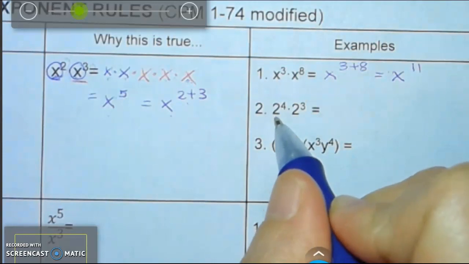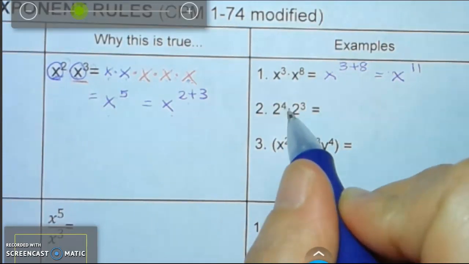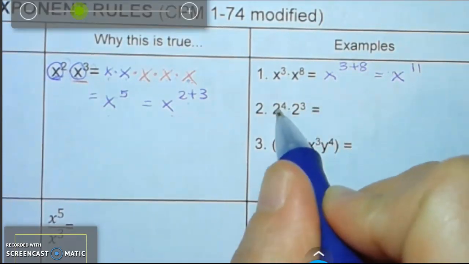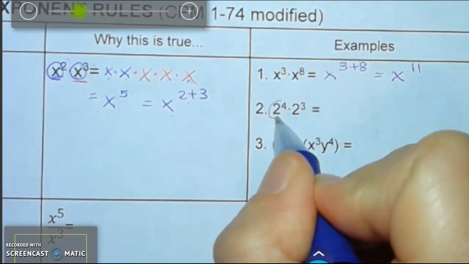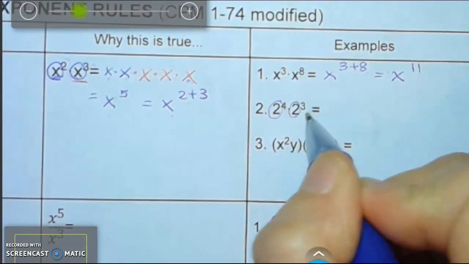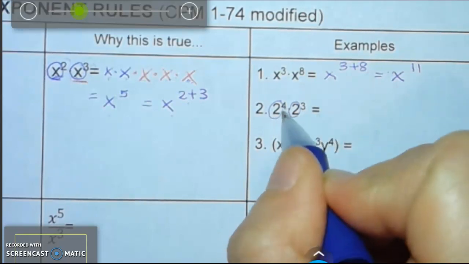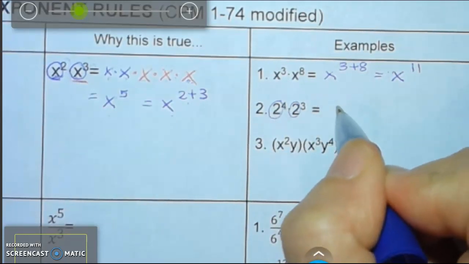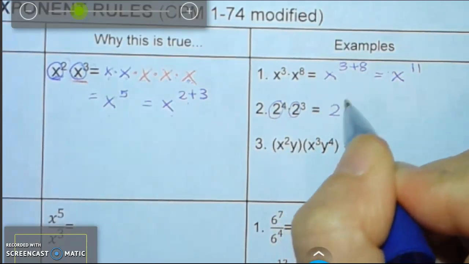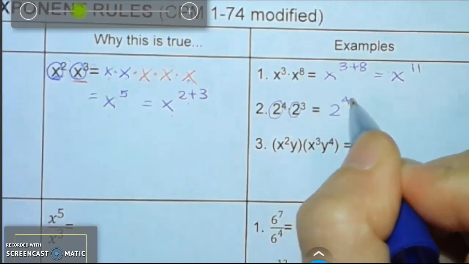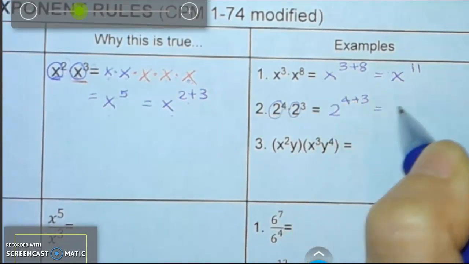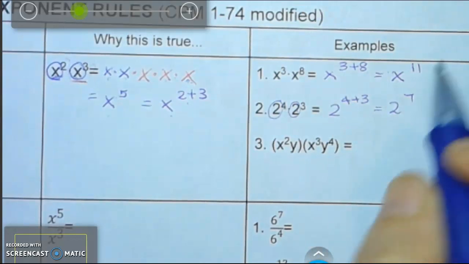What about this? 2 to the power of 4 multiplied by 2 to the power of 3. The bases are the same. The number that is being multiplied, the bases are the same. So therefore, since we're multiplying these two, this becomes 2 to the power of 4 plus 3, which is the same as 2 to the power of 7.